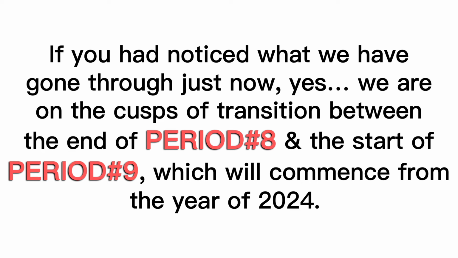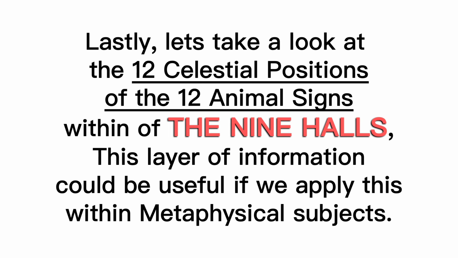If you had noticed what we have gone through just now, yes, we are on the cusp of transition between the end of period 8 and the start of period 9, which will commence from the year of 2024.